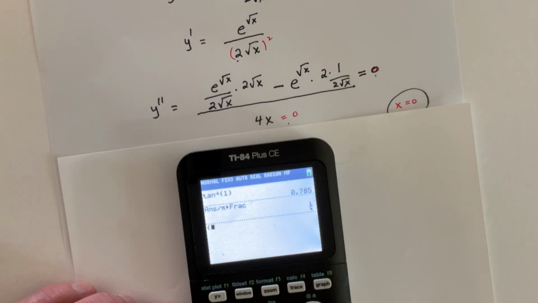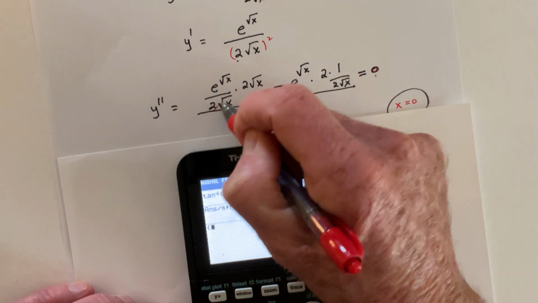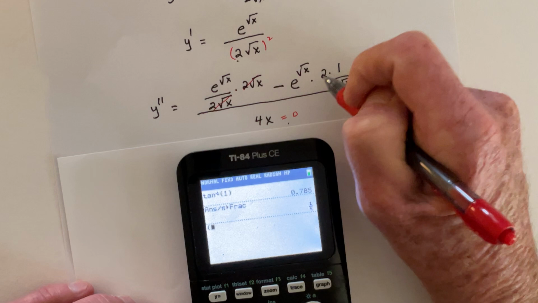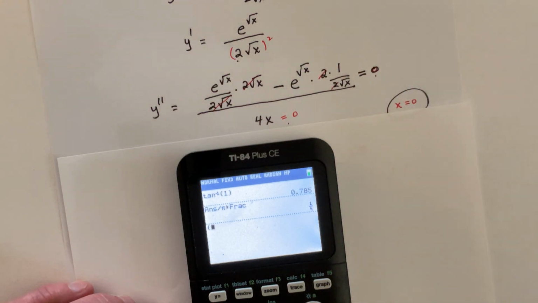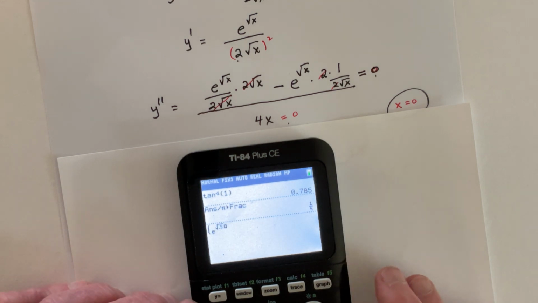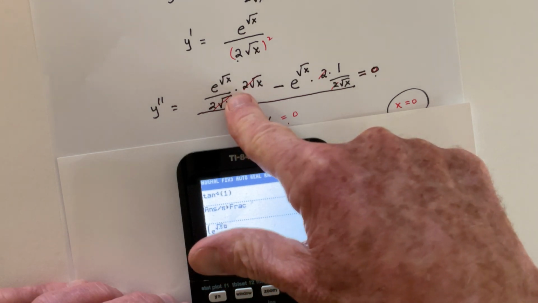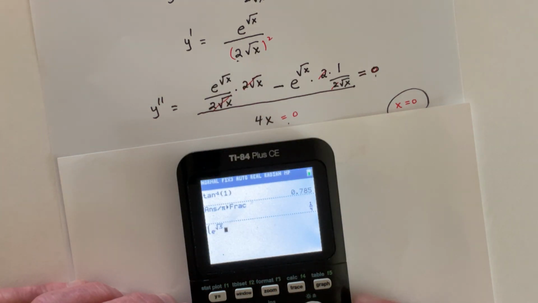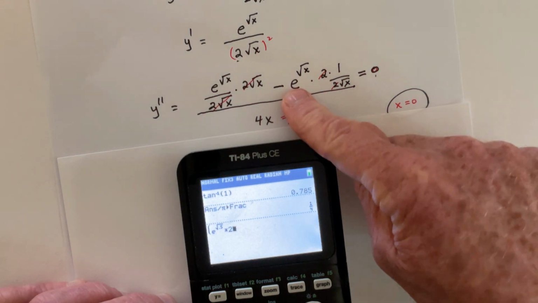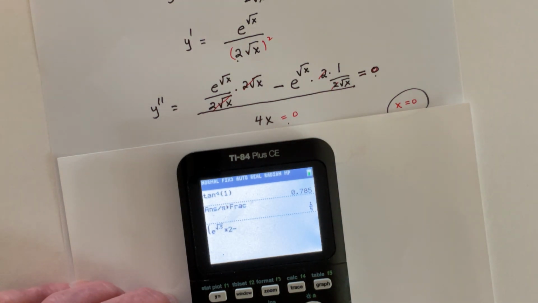Okay, so for one thing, it's one big fraction, so I need a parenthesis. For another, I could go ahead and cancel these to make it a little bit easier to type in the calculator. So we need the e function, and then the square root of a half, or 0.5, and then that is times 2. So I need to get out of the exponent, times 2, and then minus the e function.